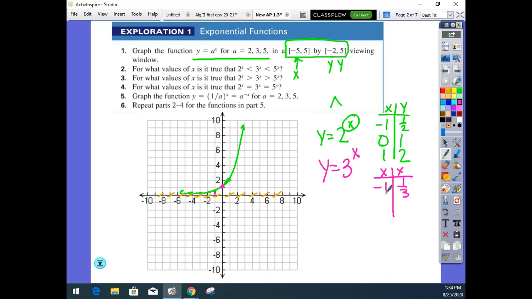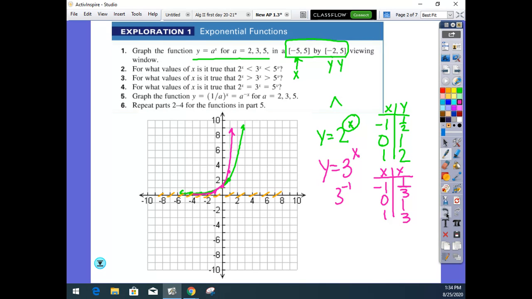A negative exponent, remember, that makes a reciprocal. That pushes the 3 to the bottom. Anything to the 0 is 1. And 3 to the first is 3. So this side's getting smaller quicker. This side's getting bigger quicker.